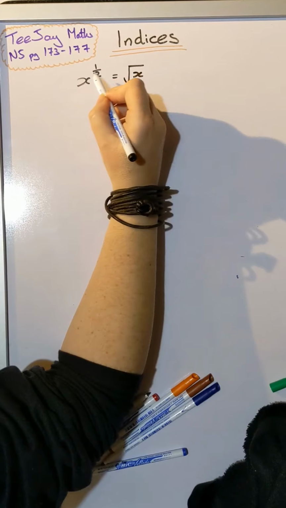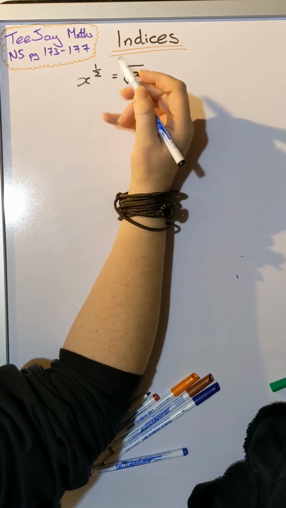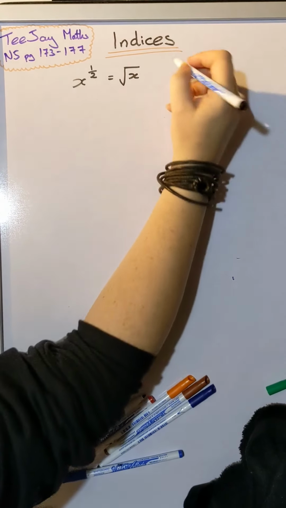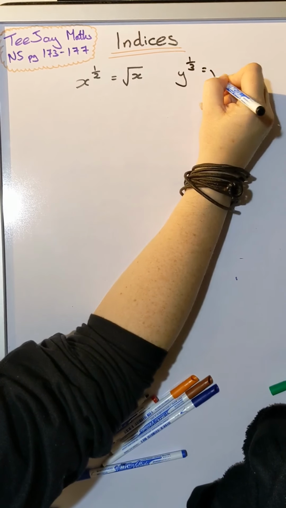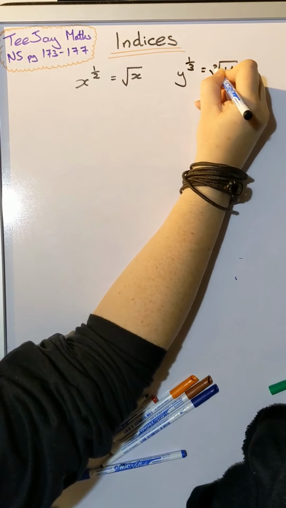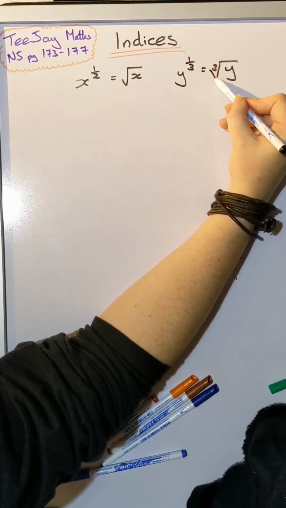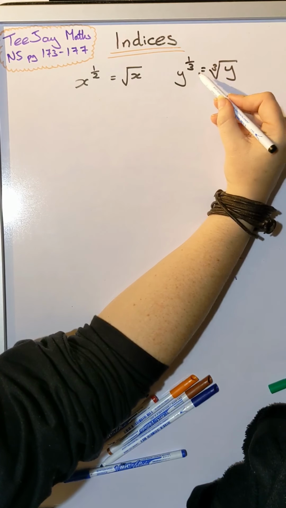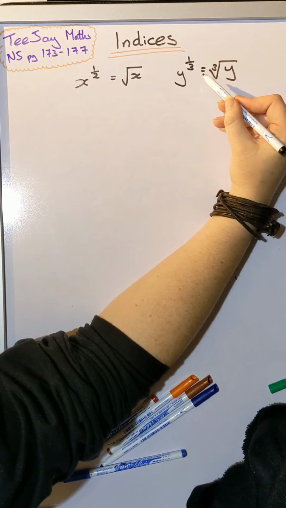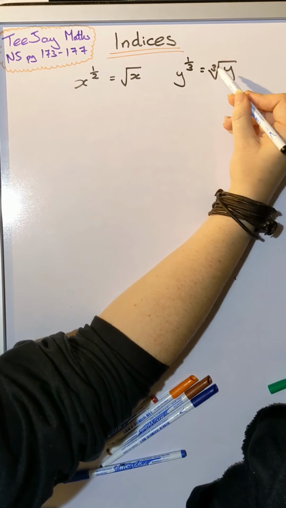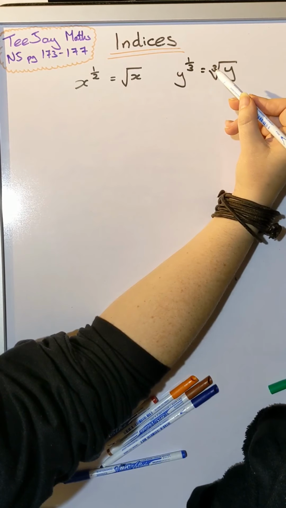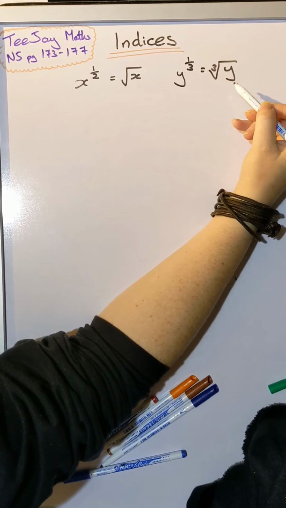So a fractional power tells us our root. If we had y to the power of a third, we would have the third root of y. And we write that with the 3 inside the tick, not out the front, because that would make it a surd. We want it inside the tick, because that makes it the cube root of y.